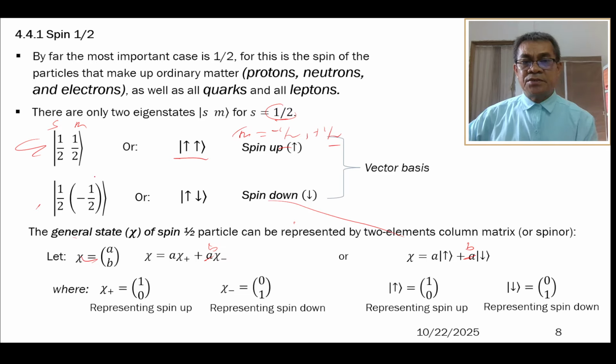So there are two ways to present the general state psi of spin one half.